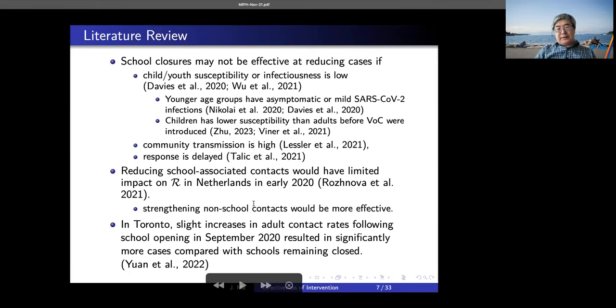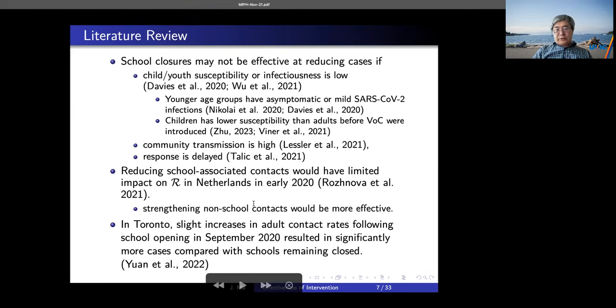It has been found that in the Netherlands, reducing school-associated contacts would have limited impact on R. So that again strengthens the fact that maybe school closure isn't as effective, but it could have an effect when the R naught, the control reproduction number, is close to 1. Then if you close down schools, it definitely is going to push it below 1.